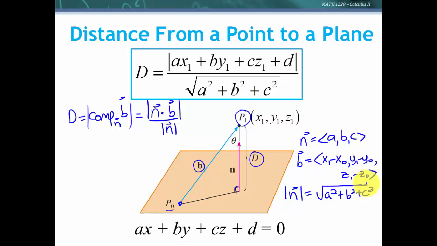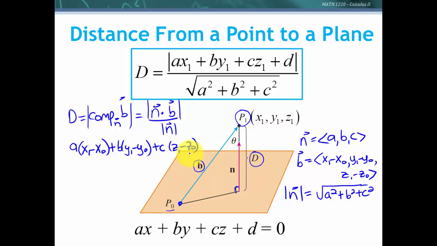So we could go ahead and compute N dot B. That's going to be A times x1 minus x0, plus B times y1 minus y0, and then C times z1 minus z0.